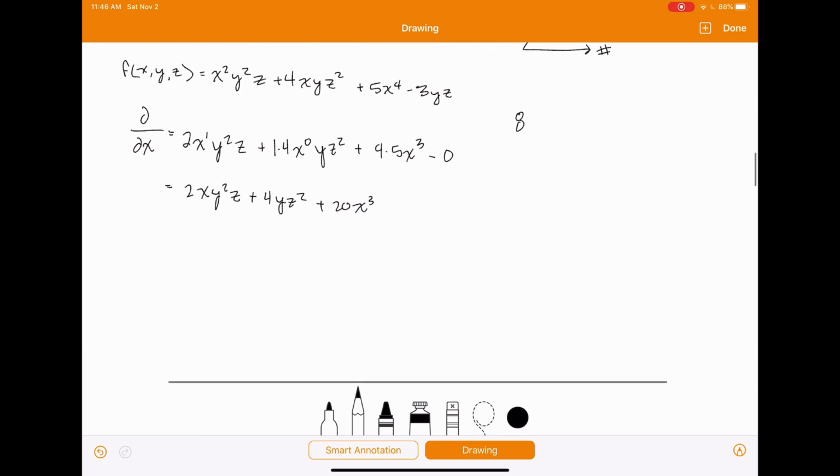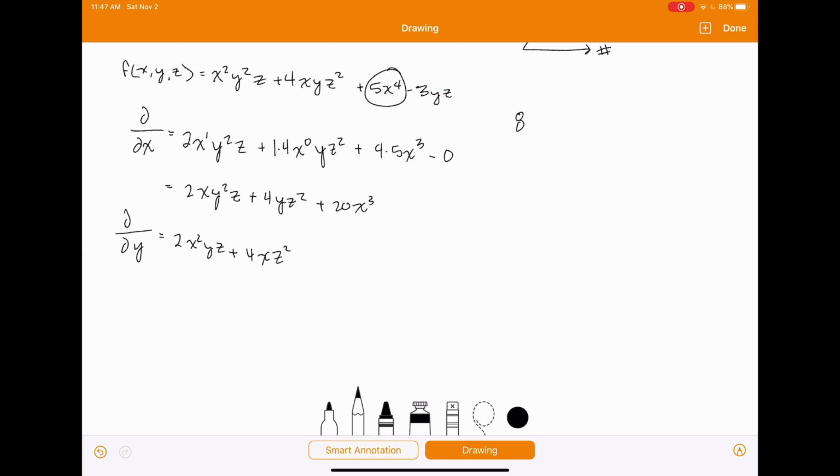If we wanted to take the partial derivative with respect to y, 2 out in front, x squared yz plus 4x, y goes away because 1 minus 1 is 0, z squared. There's no y's here, so that just goes to 0 minus 3z. So 2x squared yz plus 4xz squared minus 3z.